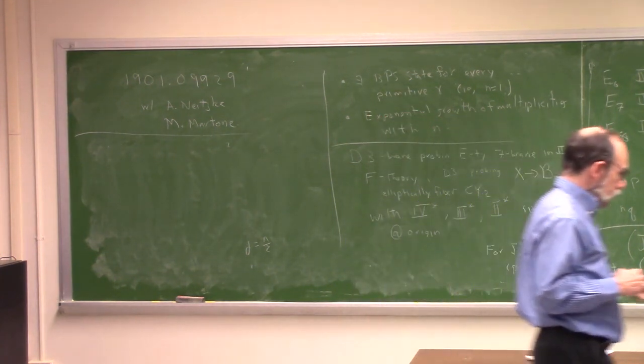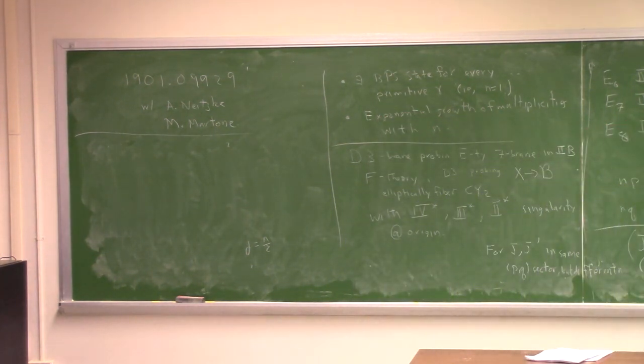Oh, yeah. You can sort of see that here. The idea is when the D3 brane is very far away, what I have is an NPQ string ending on the D3 brane. In fact, all of this string junction stuff occurs close to the 7 branes.